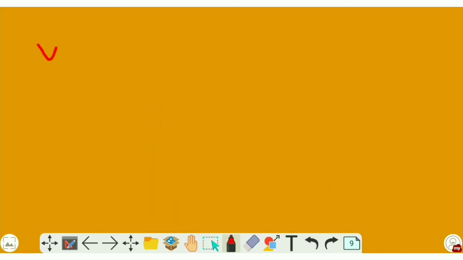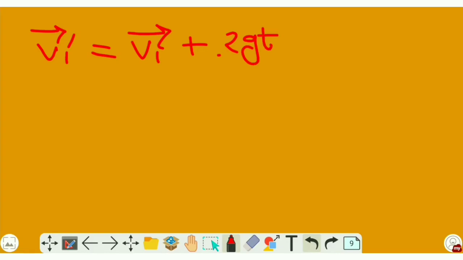Similarly for the v1 dashed vector we get v1 vector plus 2g t0 y cap.